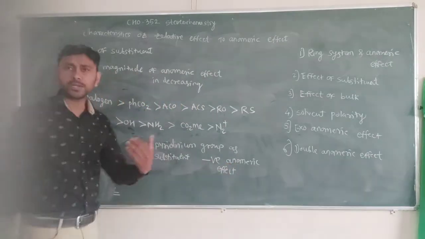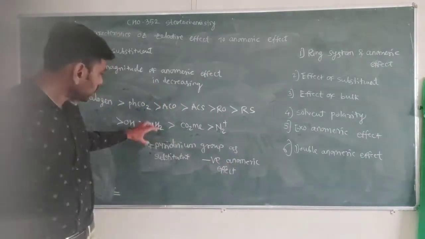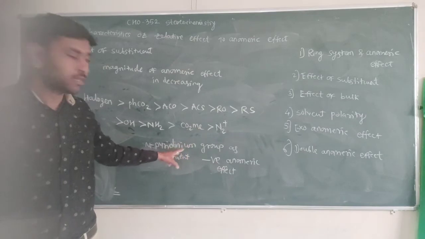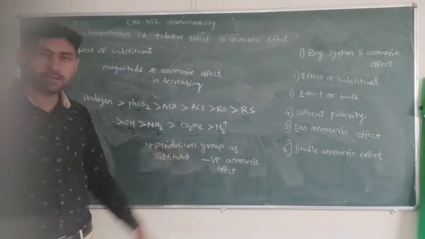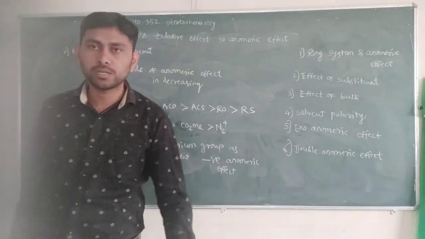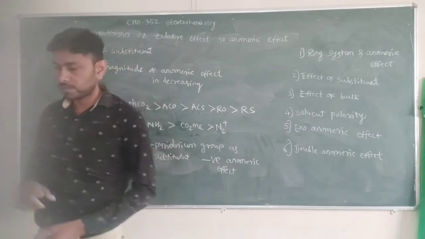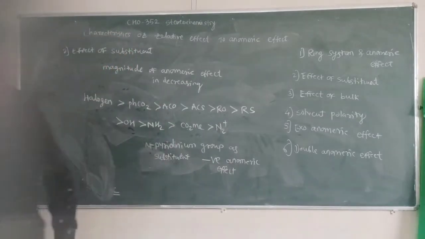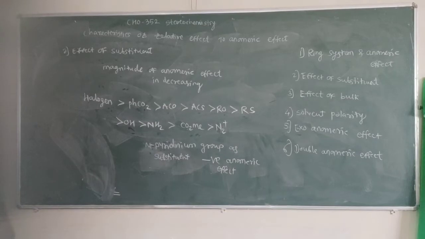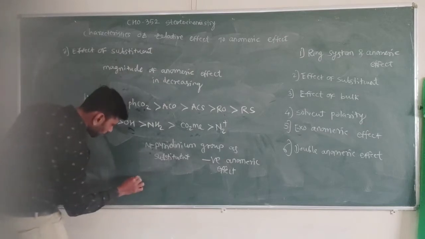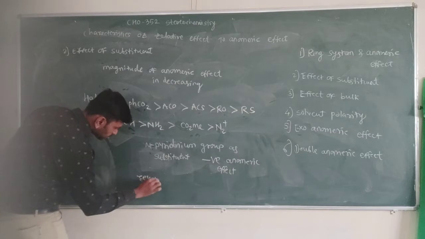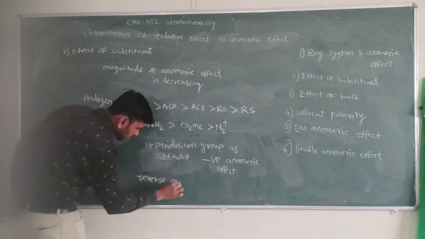The value of the anomeric effect goes negative when the substituent is the N-pyridinium group, and due to this negative anomeric effect, this effect is known as the reverse anomeric effect.